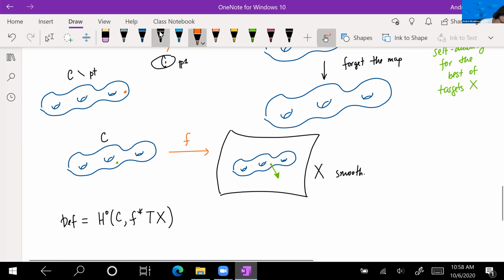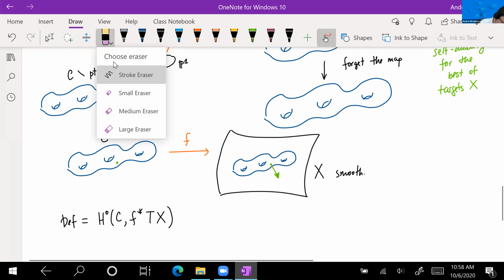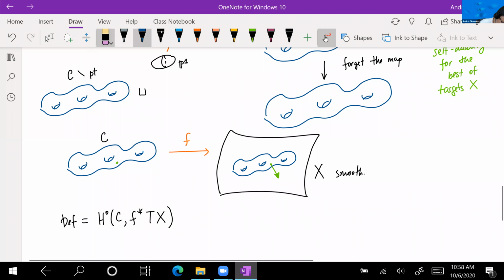And then the other chart, I'll draw like a little hole here. The other chart is a formal neighborhood of that point, a disk.